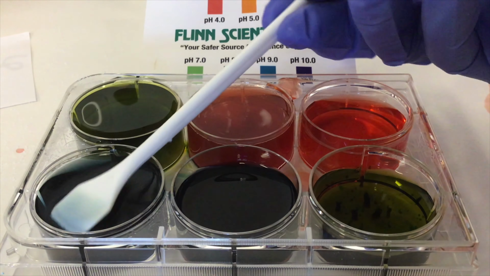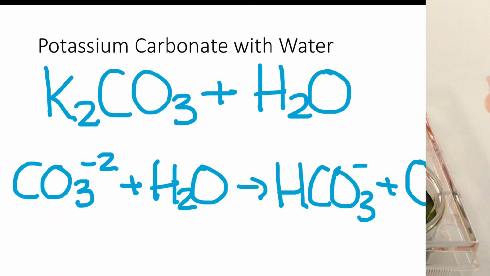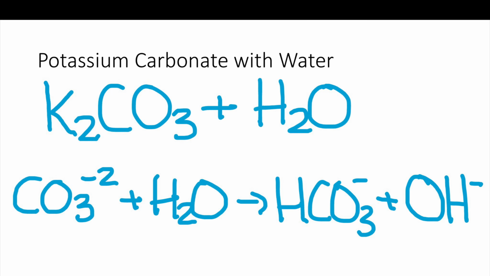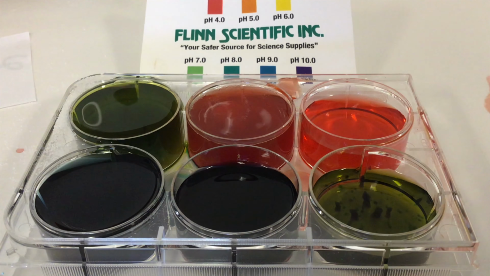I can see the blue. Oftentimes with a hydrolysis lab, you're not exactly concerned with the exact pH that's going to form, just the type of interaction. Is the type of interaction going to produce an acid, or is it going to produce a base?